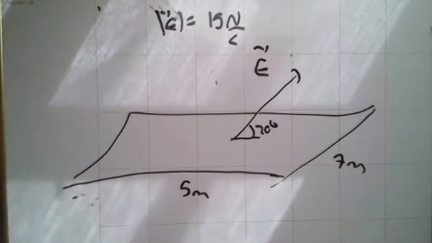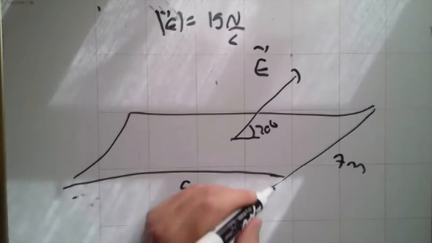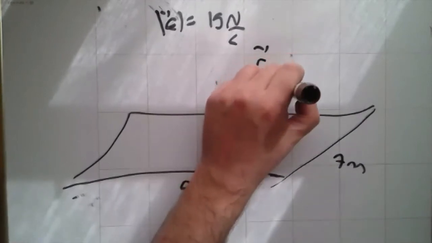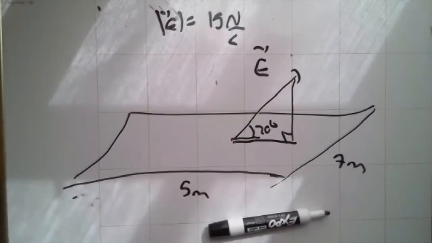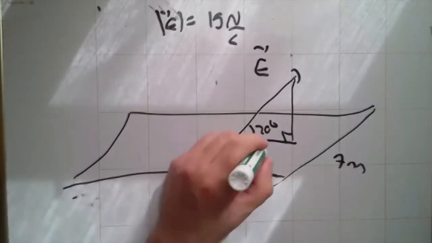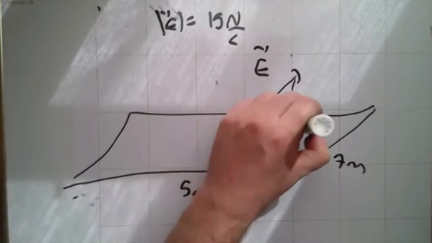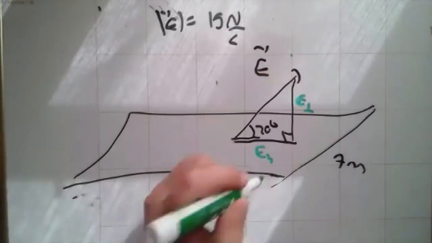Flux measures how much field flows through a surface perpendicularly through the surface. It's the perpendicular component. So what we're actually doing is breaking E up into its components here. I'm finding this parallel component and this perpendicular component.